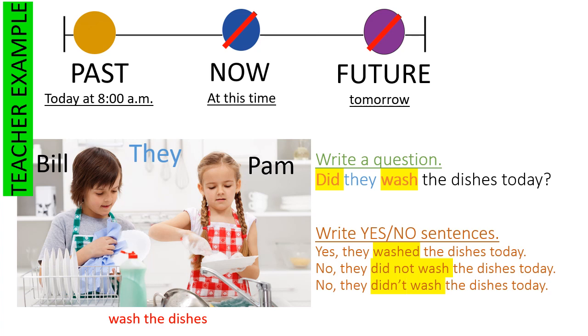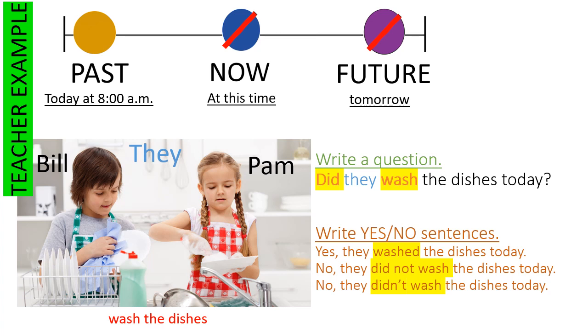So if you notice, we want to ask and talk about only the past because now has a red line through it, so that means not talking about now, and also the purple dot, the future, has a red line through it, that means we are not talking about the future.